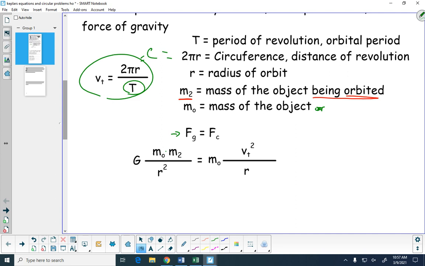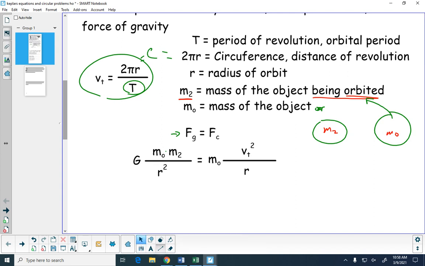So if we had 2 masses here, and this one is going around the other mass. Here's my mass of the object. Here is my M2, the mass being orbited. We have a distance, which is your radius, from the two centers.